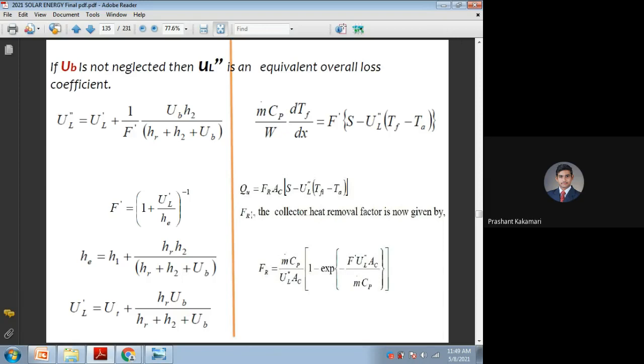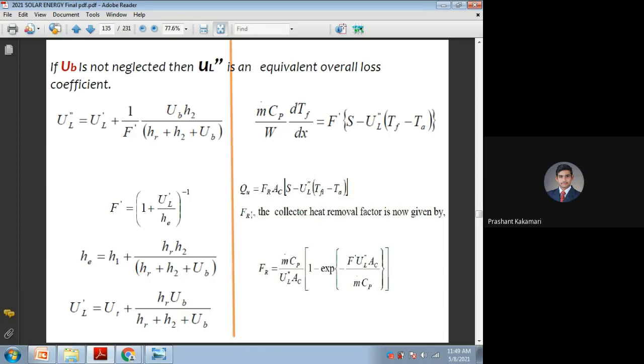If the absorber plate is maintained at the local fluid temperature, which is flowing at a given temperature, and we start heating the air, then the ratio of actual heat gain by the solar radiation to that case is called the collector efficiency factor, that is F dash.